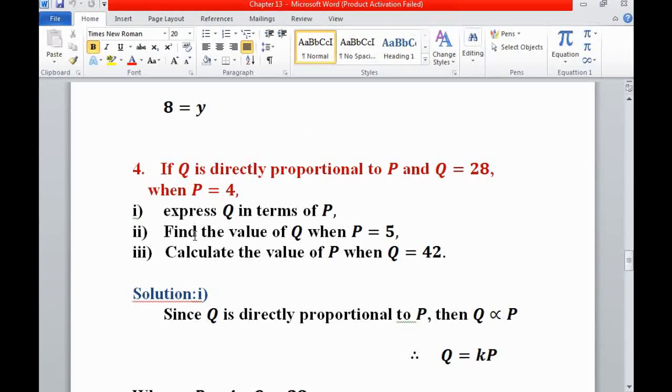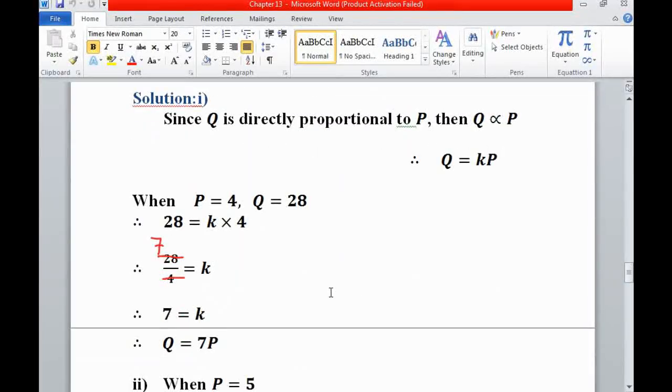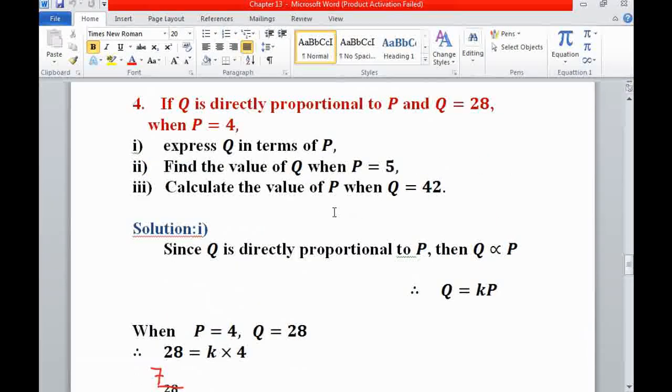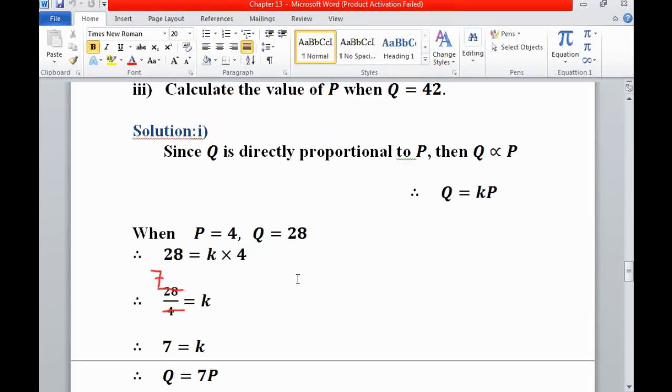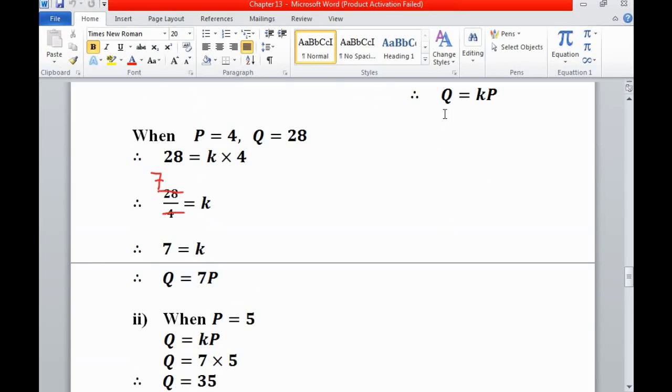The second part from the question is to find the value of Q when P equals 5. Okay, we have been given the value of P, which is 5, and we have calculated the value of constant K, which is 7. So by putting these two values in this equation, Q equals KP, we can find the value of Q. When P equals 5, then again we know that Q equals constant KP.